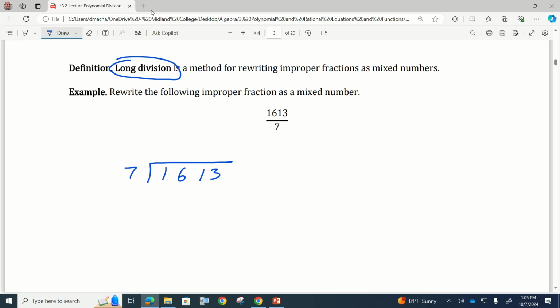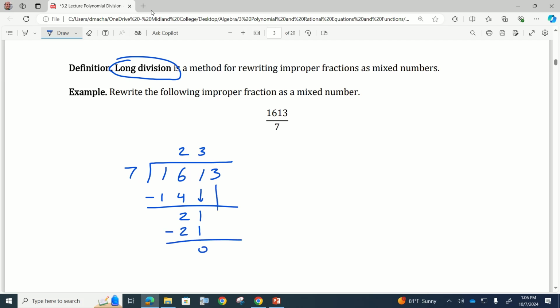And we say, how many times does 7 go into 1? 0 times. How many times does 7 go into 16? 2 times. So 2 times 7 is 14. 16 minus 14 is 2. We bring down the 1. How many times does 7 go into 21? 3 times. And 3 times 7 is 21.